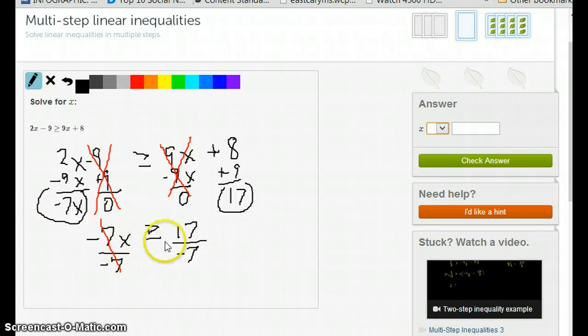If one number was to the right on the number line, a bigger number, multiplied by a negative number, it's going to be less than, because it's going to still be bigger, but it's going to be negative. And when something is big and negative, it ends up being smaller than whatever the other number is.